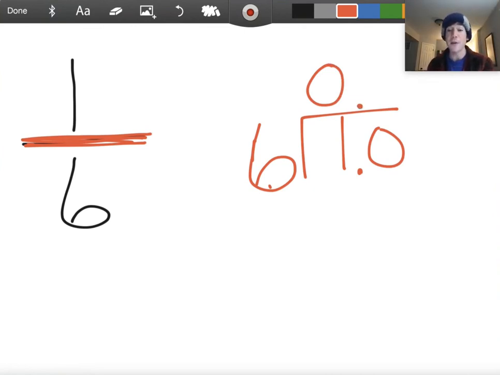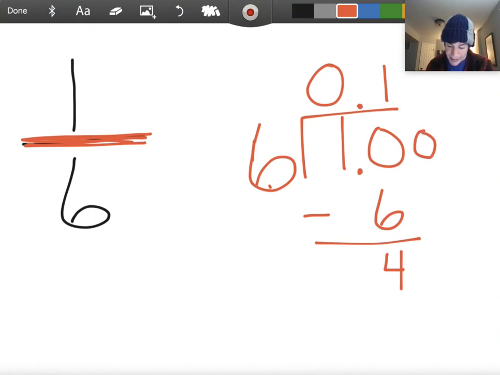So in this case, I'm going to be asking myself, how many groups of 6 are in 10? That is going to be 1. 1 times 6 is 6. Subtract 10 minus 6, I'll get 4. I can continually add other zeros because that value is still 1 when I add zeros. How many 6s in 40? 6. 6 times 6 is 36.